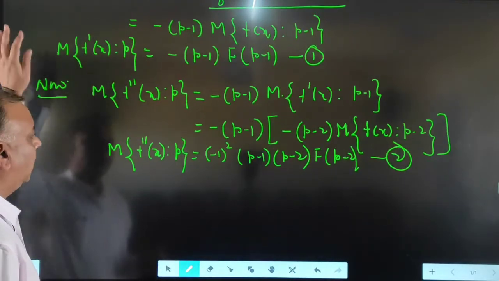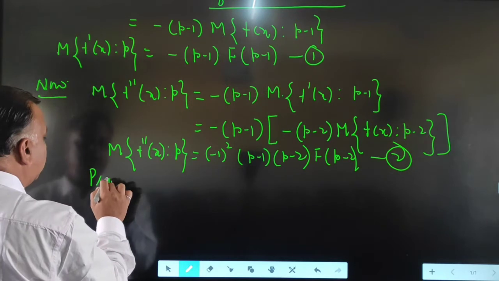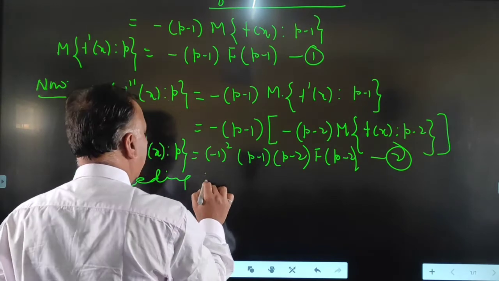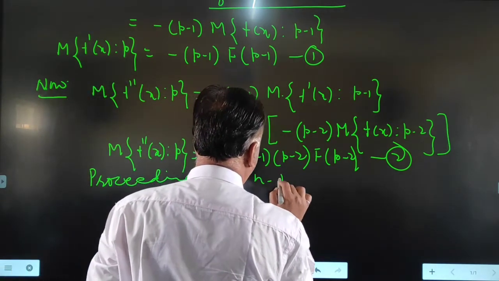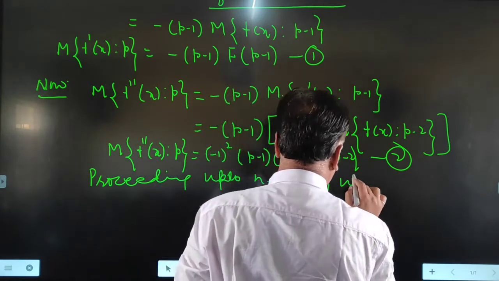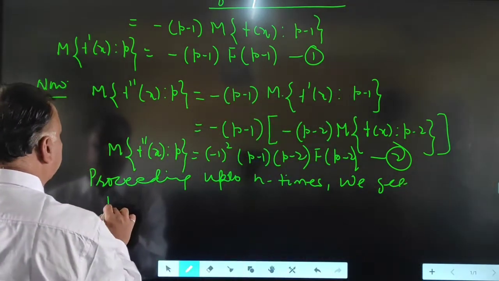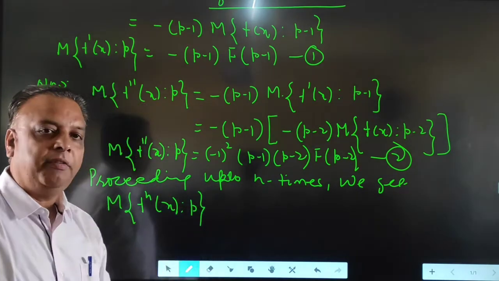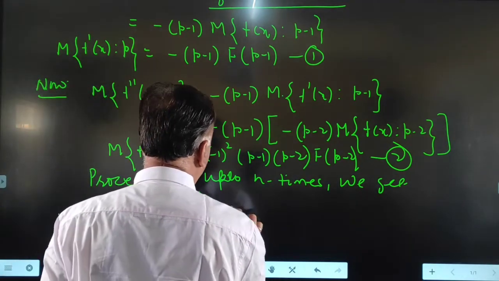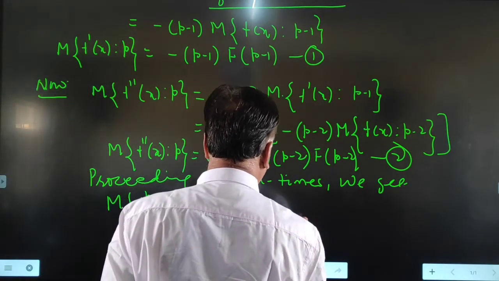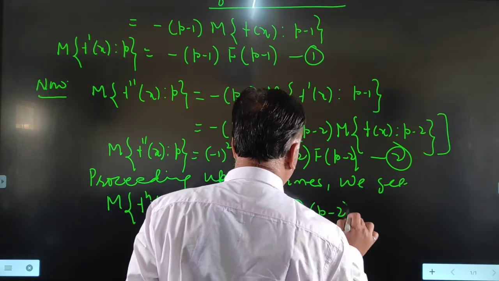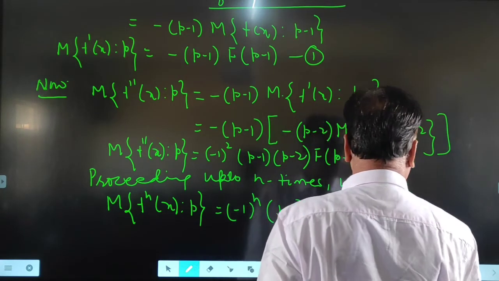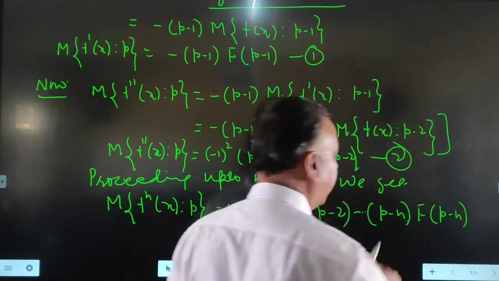Proceeding in the same way up to n times, we get the Mellin transform of the nth derivative of the function f(x). This is equal to (minus 1) raised to n (p minus 1)(p minus 2) up to (p minus n) F(p minus n).